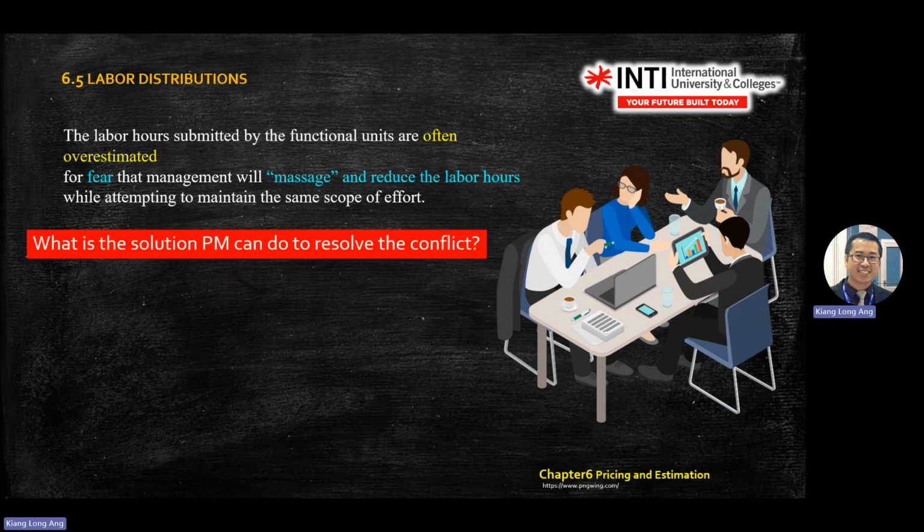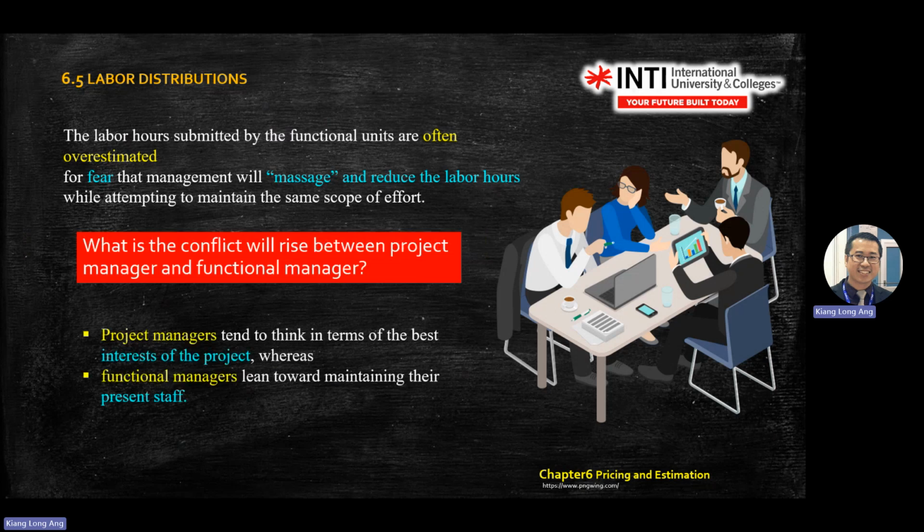What is the solution a project manager can do to resolve this conflict? This module always asks you to solve problems. What do you think if you are the project manager? How do you solve this conflict?